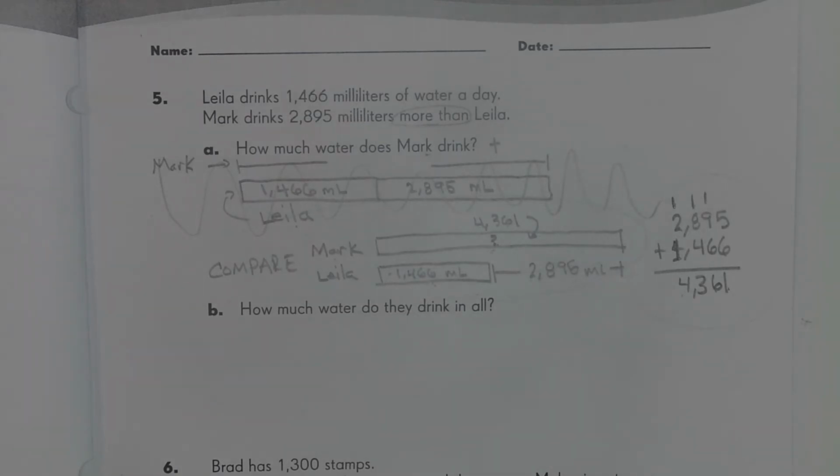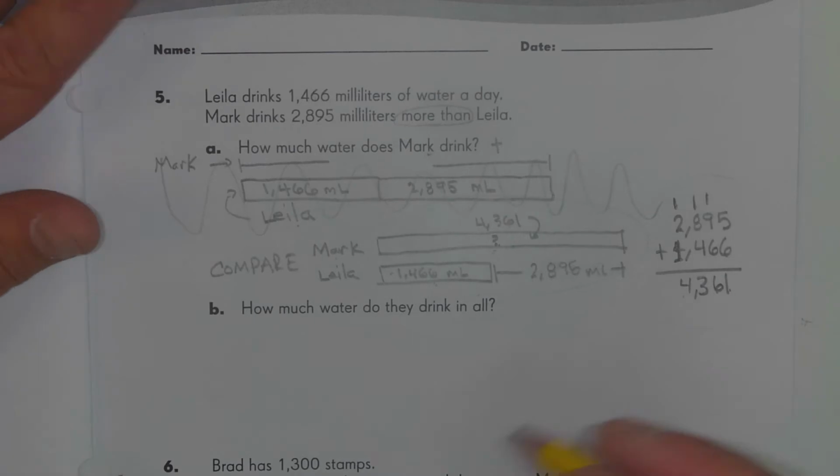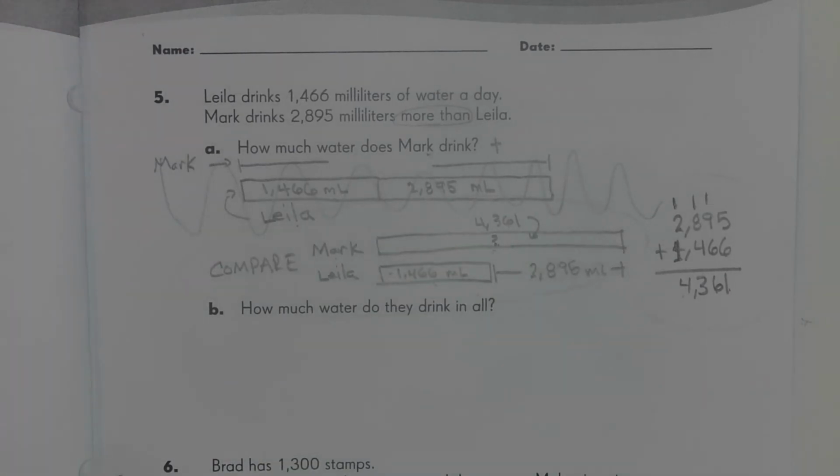Now we're going to take a look at how much water they drink in all, because this one is a little bit different, and this will allow you to see when you use the side-by-side model. And this time it's not super confusing. The only thing that's confusing is which numbers to use, because now you have 3 different numbers.